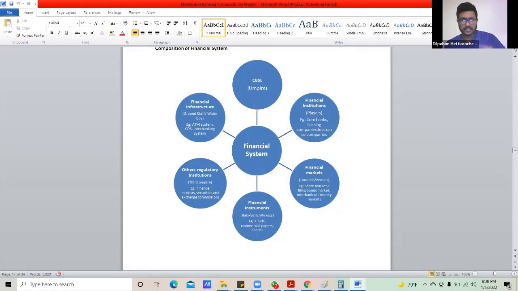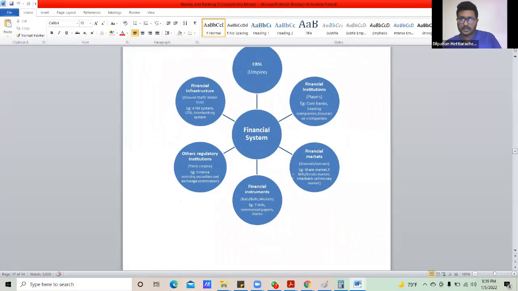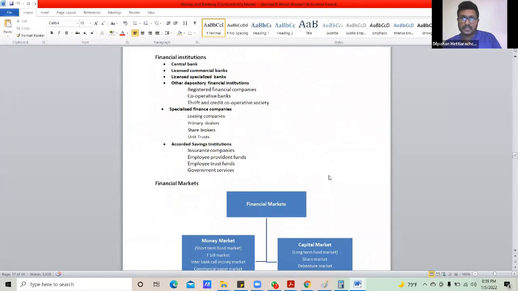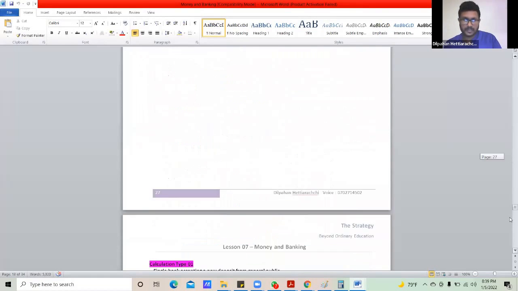Out of these components, the most important component will be central bank, no doubt. And then it will be financial institutions. Out of the financial institutions also, commercial banks will be the most critical institution we have to learn about. Yes, so commercial banks play a vital role in the whole financial system.